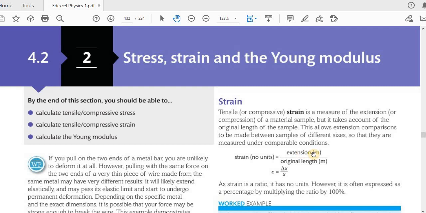So it can be extension or the amount that the spring is compressed by, extension or compression. If you extend it, if you pull it, then you have a tensile strain. If you compress the spring, then you have compressive strain. This is the equation you see here. This is the equation for strain.